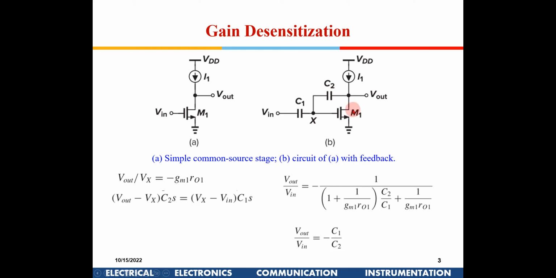Without this capacitance, I am calling the gain will be GMR0, right?